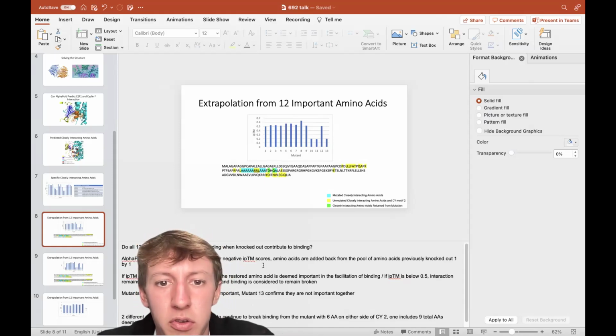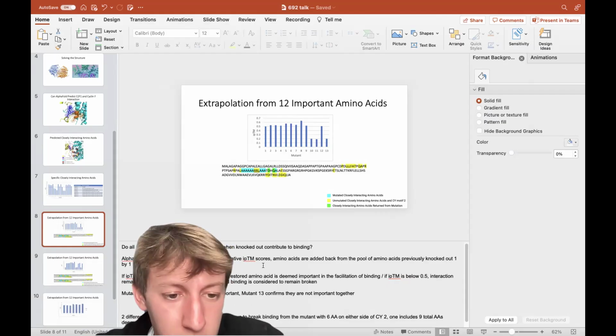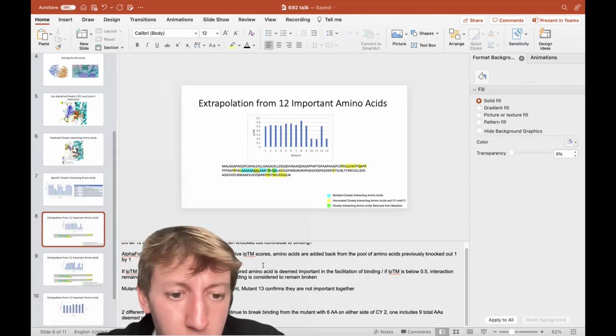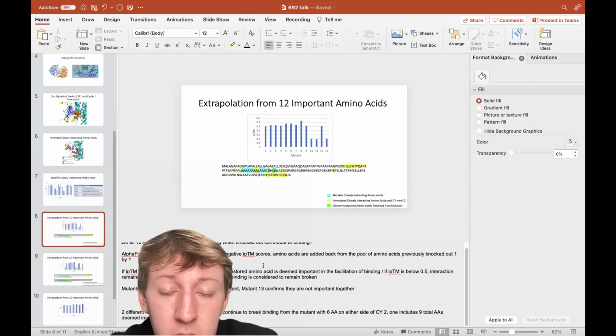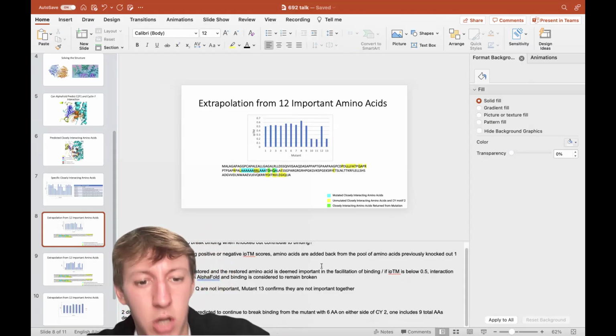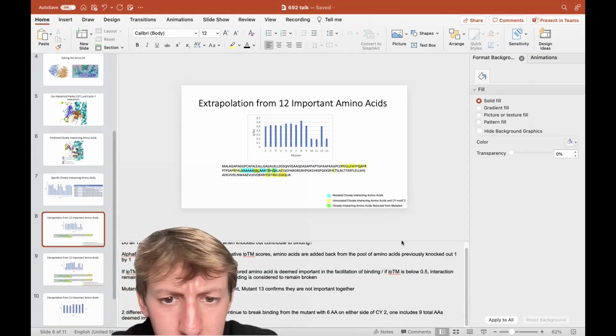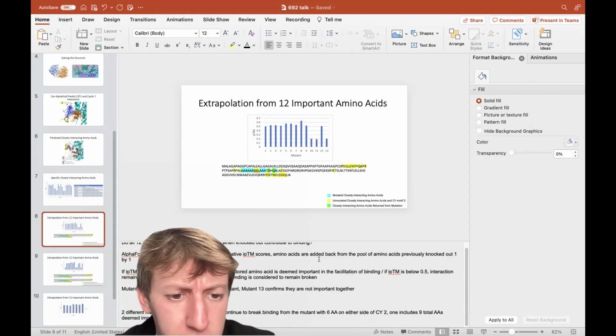And so this goes one by one down, starting at the one closest to the N terminus and finishing closest to the C terminus. Okay, I'm going to backtrack about 30 seconds because I explained that incorrectly.